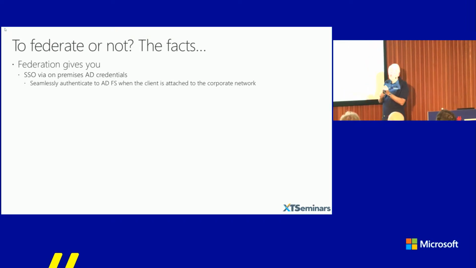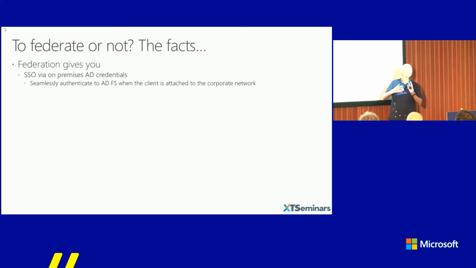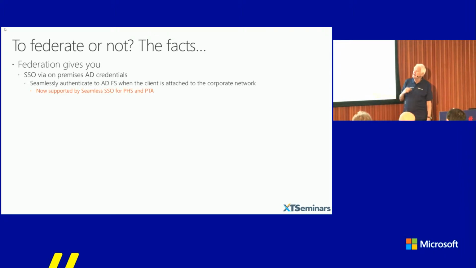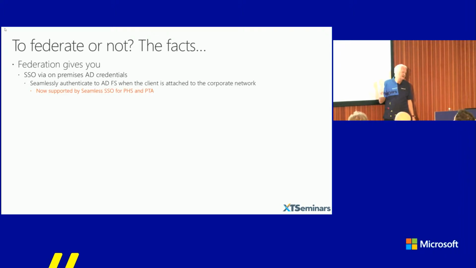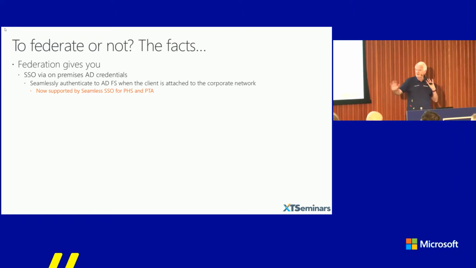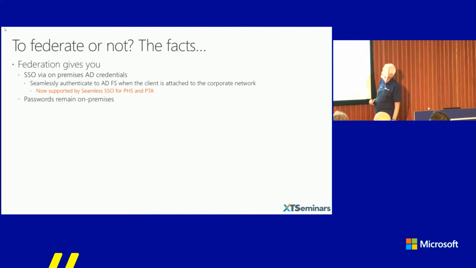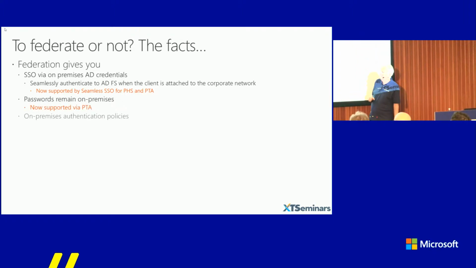And you get the seamless authentication to ADFS, provided you can get a Kerberos ticket, so you're within the corporate network. This functionality is now supported through seamless SSO and PTA, pass-through authentication. Seamless SSO will give you the SSO experience, and PTA allows the password to remain on premises.